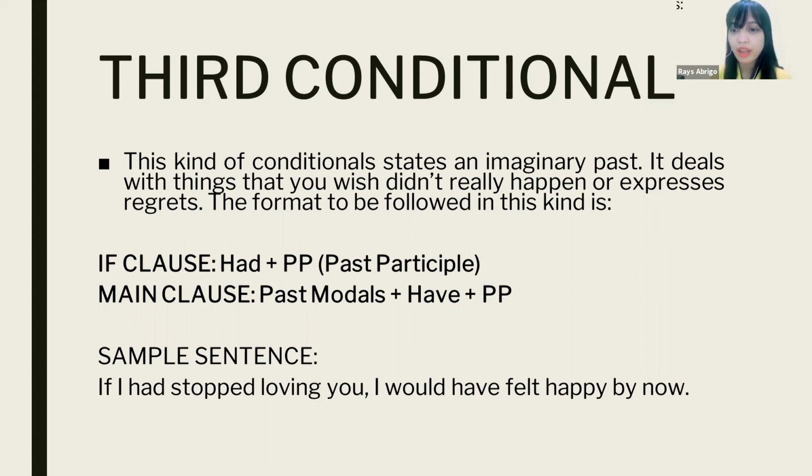So one thing that you should know about this is when you are expressing something that you are regretting, something that you wish you never did, something that you wish never happened, you use the third conditional sentence. The if clause has had plus the past participle of the verb, then the main clause has past modals, have, and then the past participle of the verb.